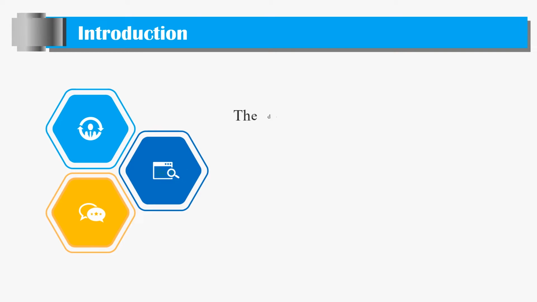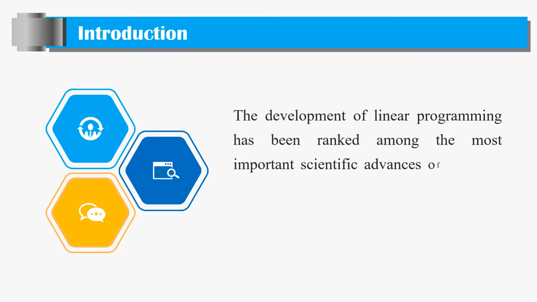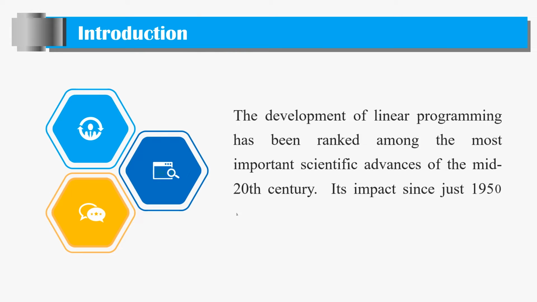Now we see the introduction. The development of linear program has been ranked among the most important scientific advances of the mid-20th century. Its impact since 1950 has been extraordinary.